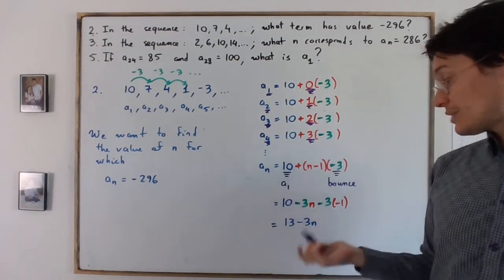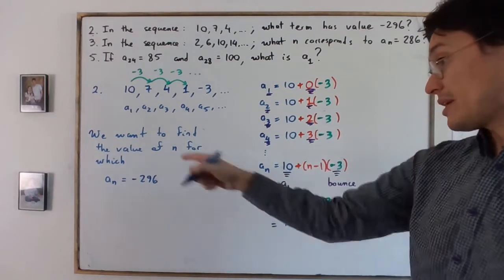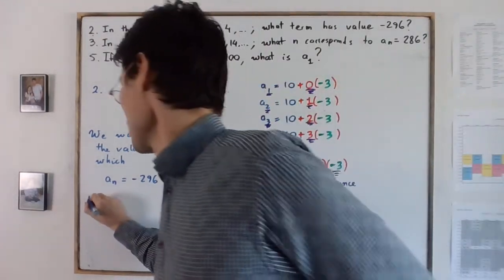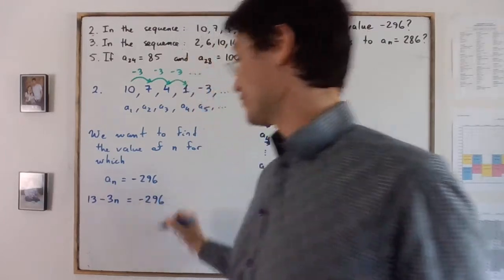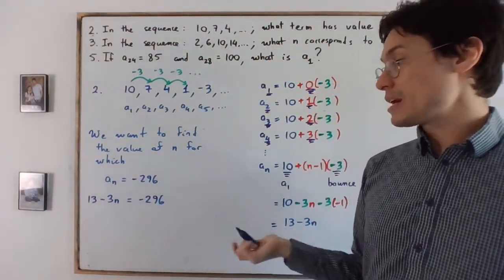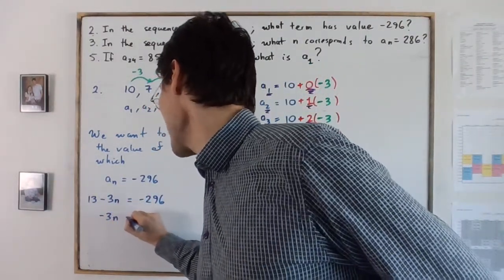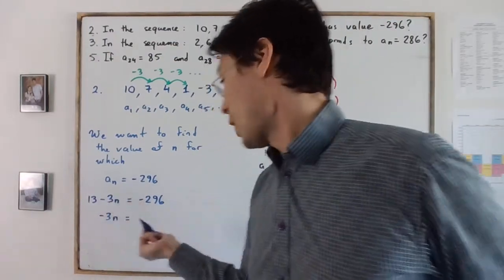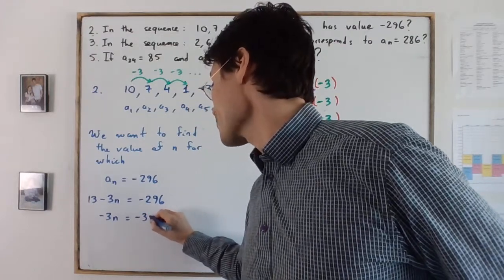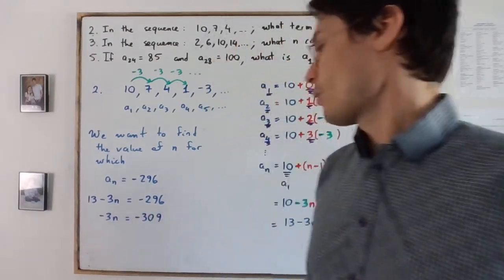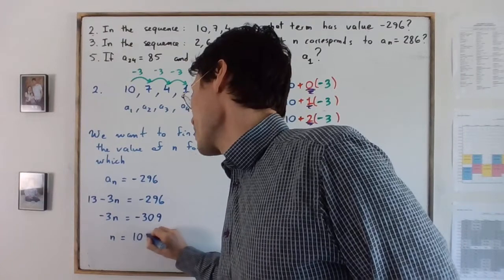All right, now that we have this set up, let's answer this question. We replace An by this formula, so we have 13 minus 3n is equal to negative 296. And from this point, it becomes just regular algebra. So send the 13 to the other side, you get negative 3n, which is equal to, now mental math is not really my best suit, but I believe it's going to give negative 309. Yeah, we're good. And then, of course, divide both sides by negative 3. You're getting 103.